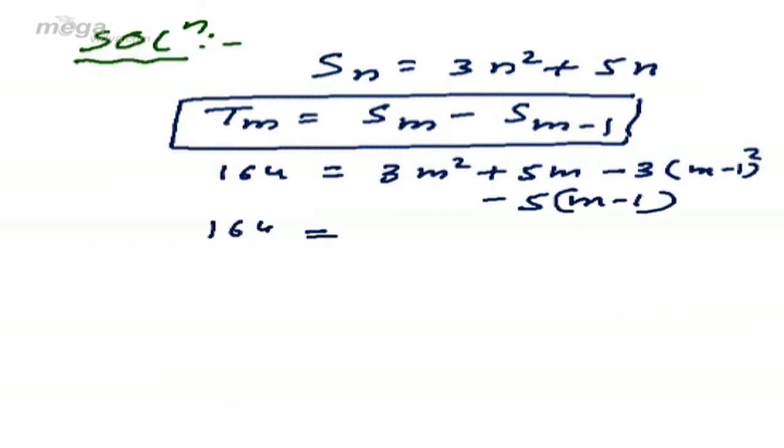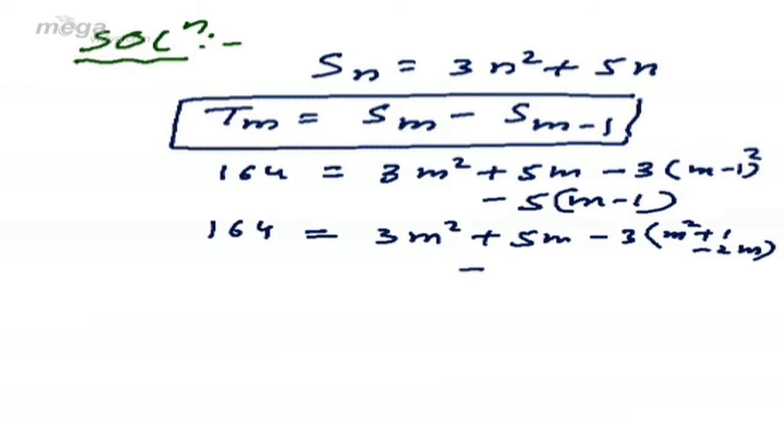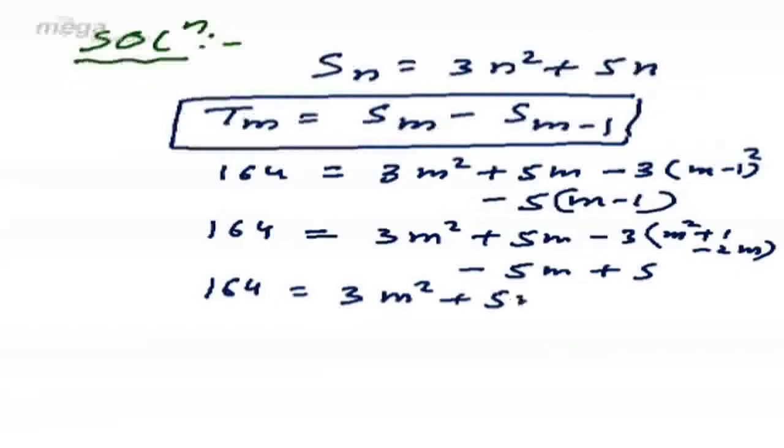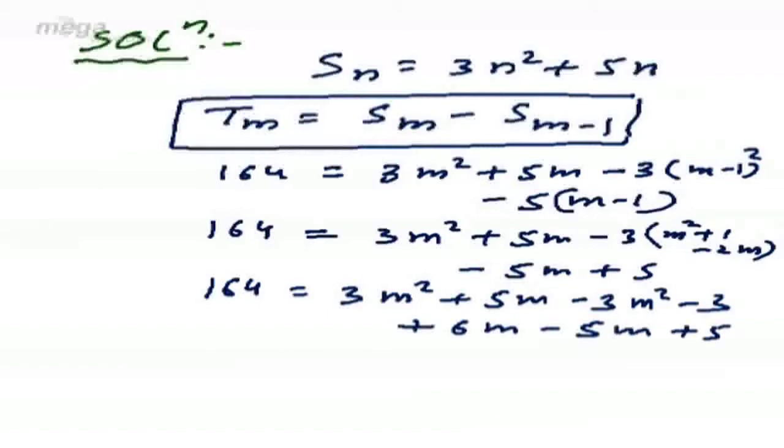It becomes 164 equal to 3m square plus 5m minus 3 into (m square plus 1 minus 2m), again minus 5m plus 5. Then 164 is equal to 3m square plus 5m minus 3m square minus 3 plus 6m minus 5m plus 5. 5 minus 3 becomes 2.